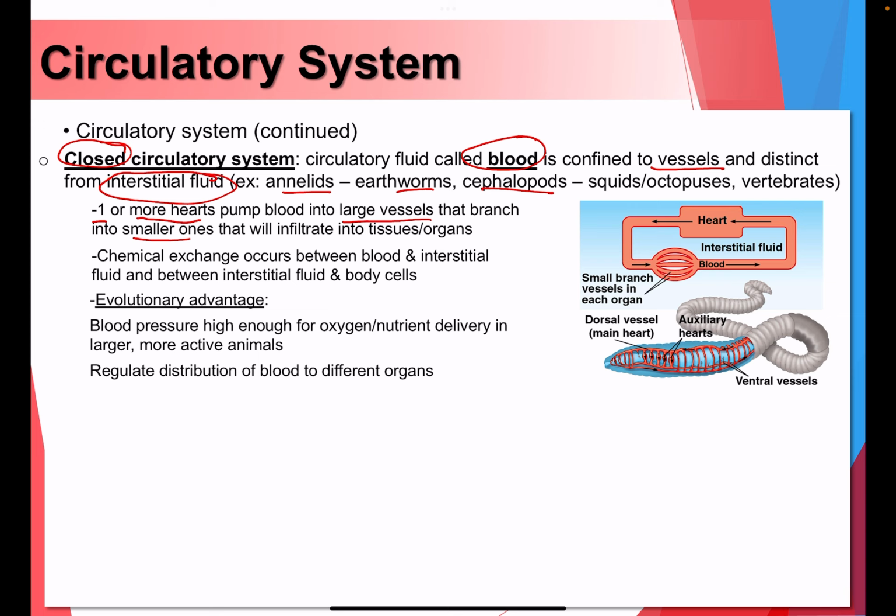Second, they can regulate distribution of blood to different organs, and that's because there are different small vessels or groups of small vessels. So one group of small vessels can go to the lungs, one group can go to the liver, one small blood vessel can go to the stomach. Throughout a 24-hour day, it's not that you need blood in every single one of these areas. We have a way to distribute blood so that it only goes to areas where it's most necessary.